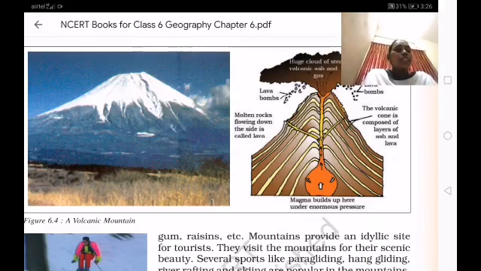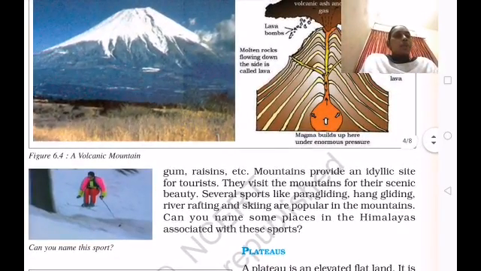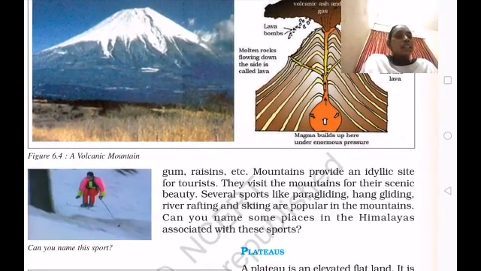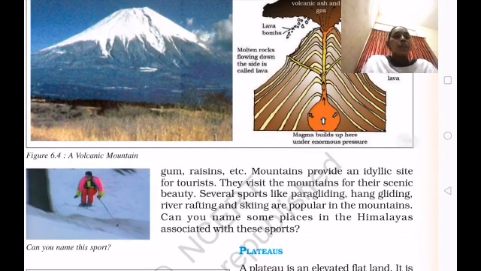The mountains provide an idyllic site for tourists. It is a very beautiful site for tourists. They visit the mountains for their scenic beauty, and sports like paragliding, hang gliding, river rafting, and skiing are popular in the mountains.